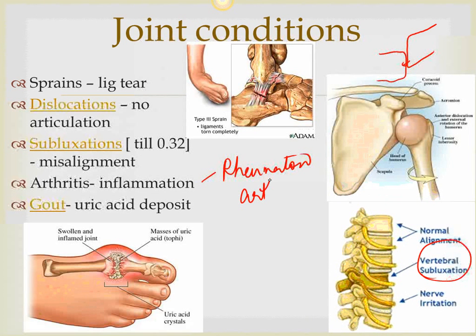In rheumatoid arthritis, this is an autoimmune disease where the body is actually attacking itself, and what it does is it attacks the synovial membrane. So the synovial membrane thickens, and there's something called a pannus which forms, and it's very painful. It's extremely painful, and it affects the joint properties. You can just try to delay the progress of the disease. You can't completely cure it.